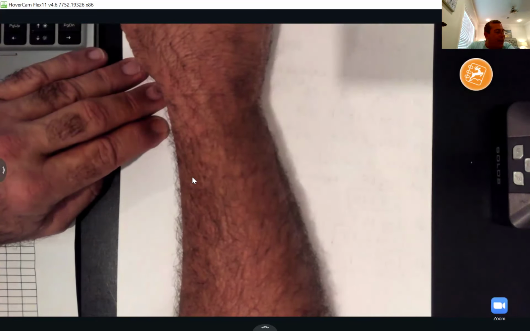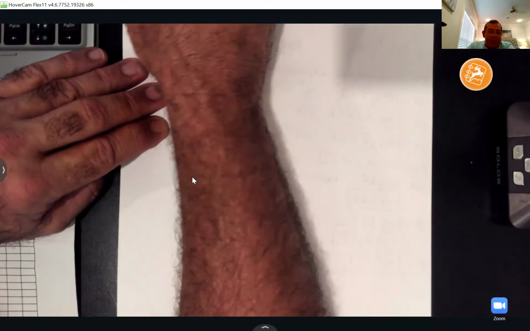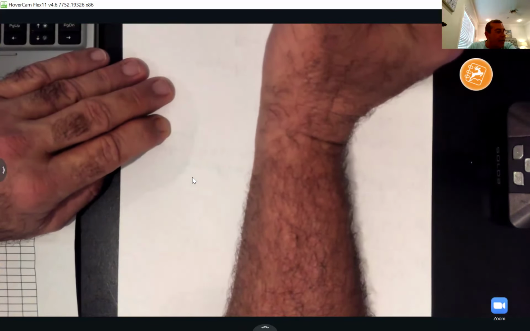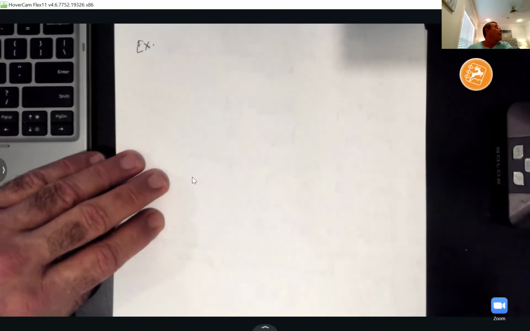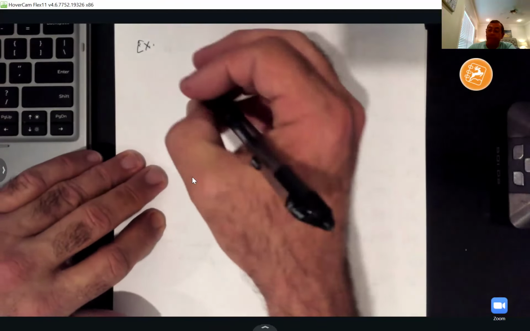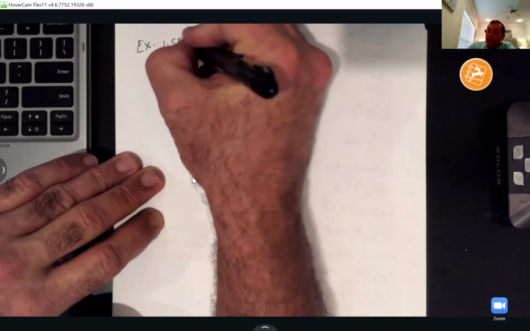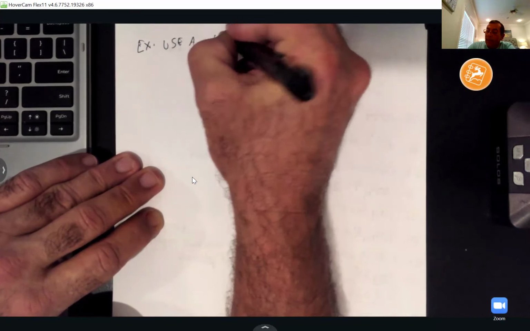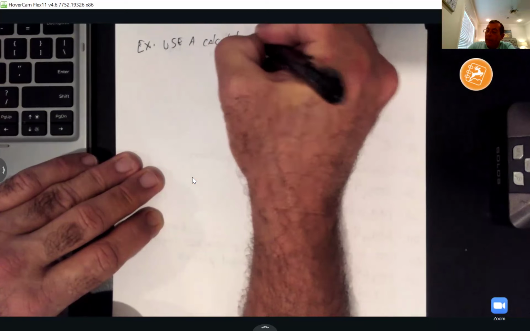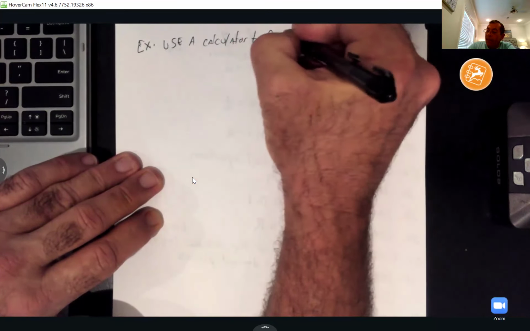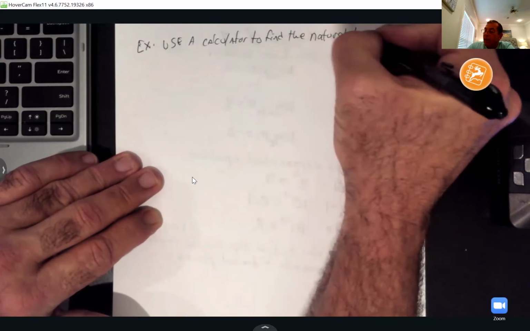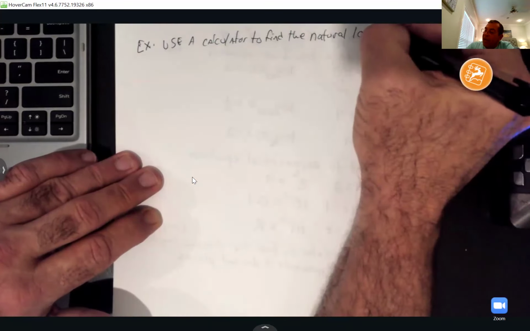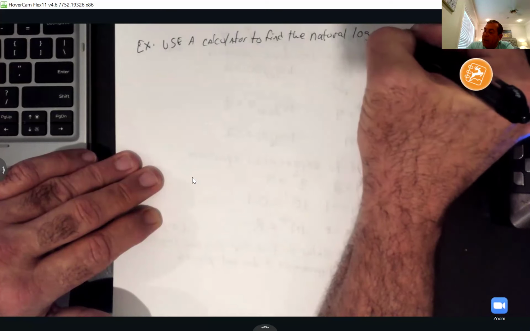All right, y'all, so these next examples say use a calculator to find the natural log. And y'all remember the natural log is the LN.